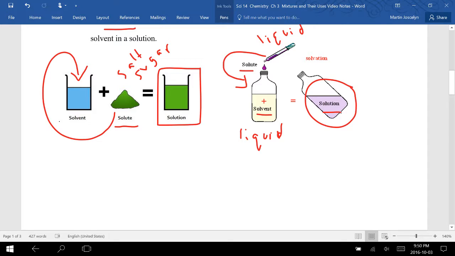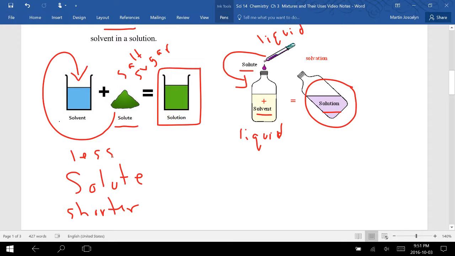So solute into solvent gives me a solution. And you know how I remember solute is the smaller thing? It's a shorter word, which means there's usually less of it. So that's my solute. There's usually less of it.